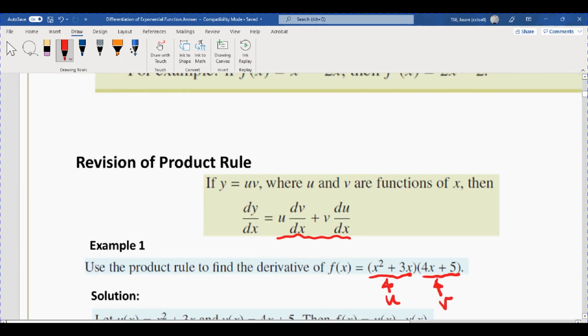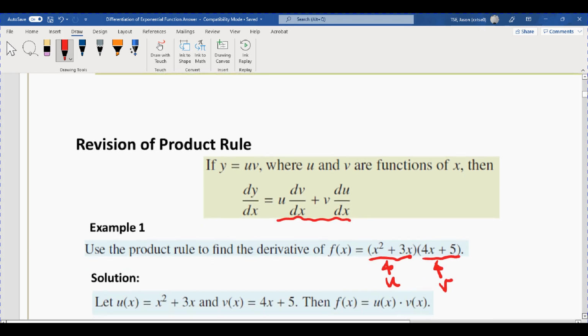Product rule means you have a function which can be expressed in terms of the product of two parts. And when you differentiate, you follow that rule. So this rule you need to know its existence, and you need to know when you need to use it. That's very important.